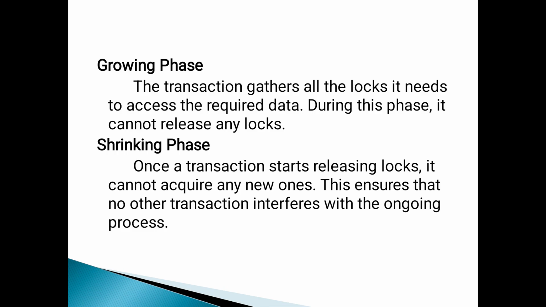Next is the shrinking phase. In the shrinking phase, after the transaction is finished, it releases the locks which were acquired in the growing phase. The growing phase cannot release the lock. It is only to lock the data during the transaction. In the shrinking phase, it releases the lock after the transaction is executed.